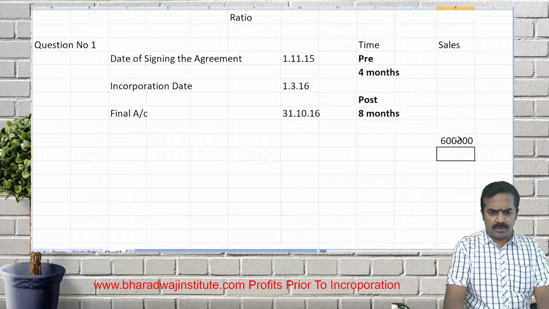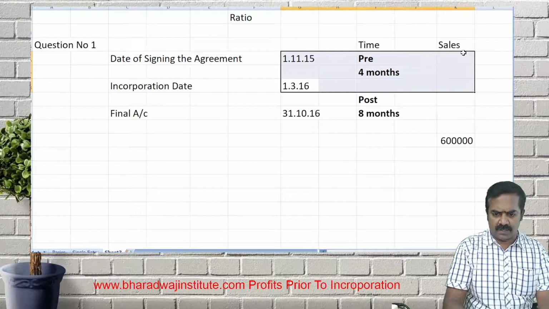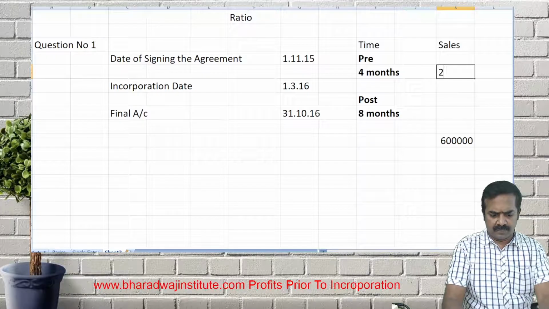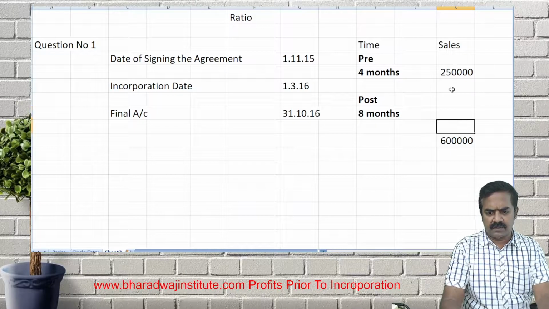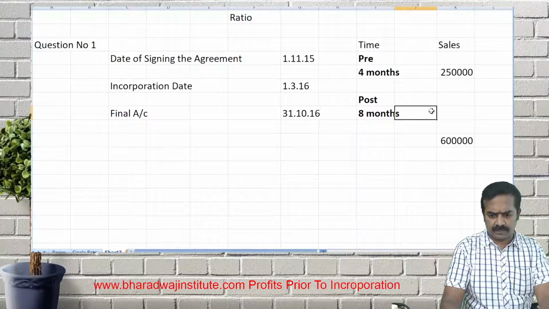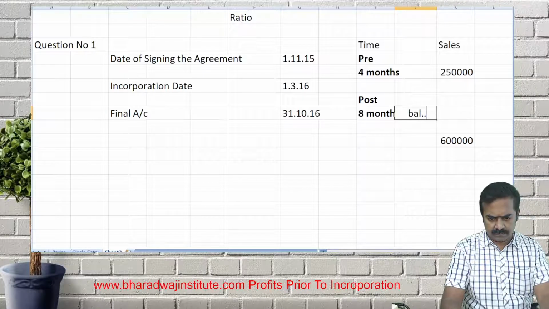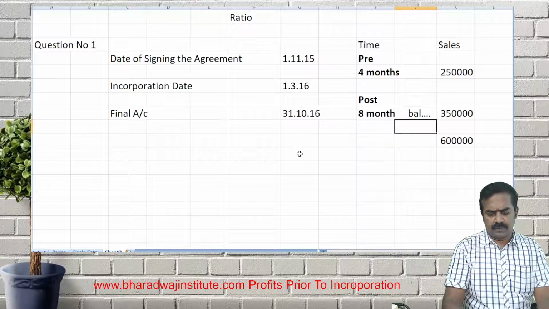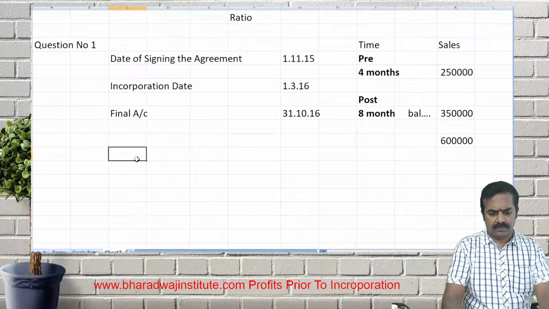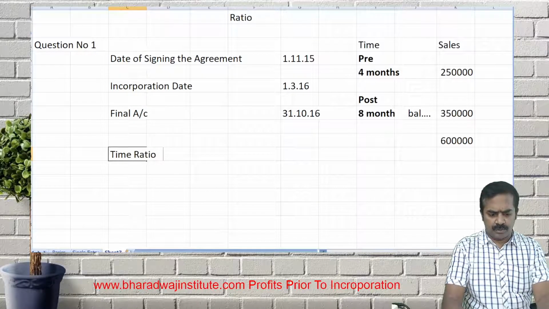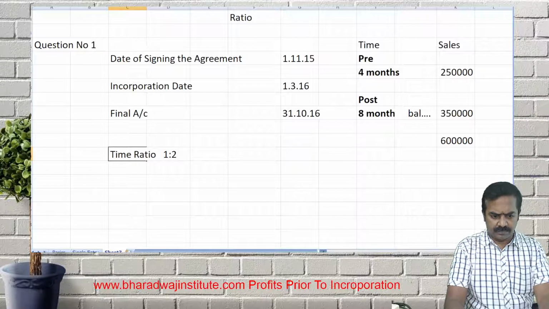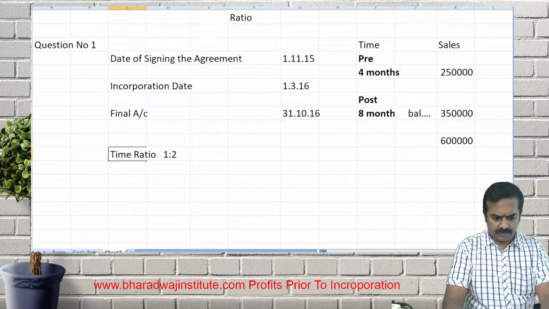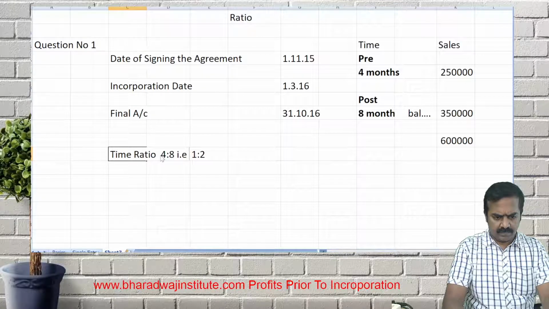Out of this, up to 1st March, what is the sales given? 2,50,000. That other information is irrelevant for us. Balance. Sales ratio 5:7.